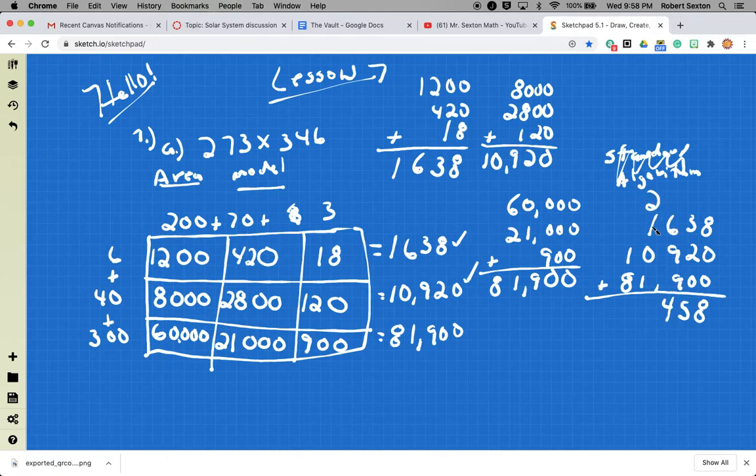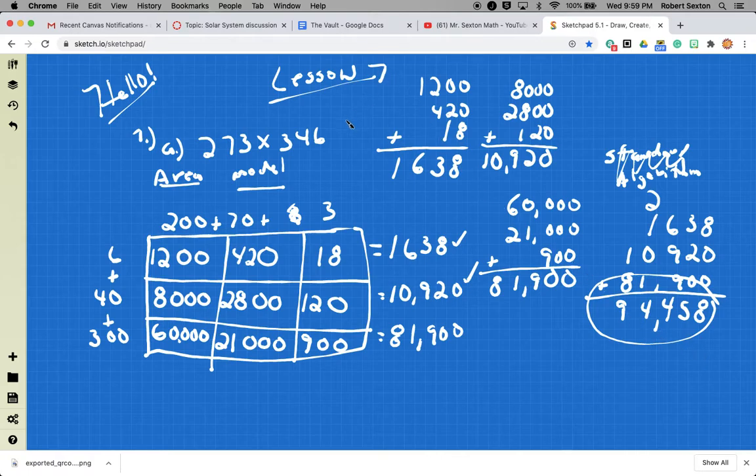And then 2 plus 1 is 3, plus 1 is 4. 8 and 1 is 9. Holy snikes, look at that. All of this adds up to a product of 94,458. Whew, that's a lot of math, right?